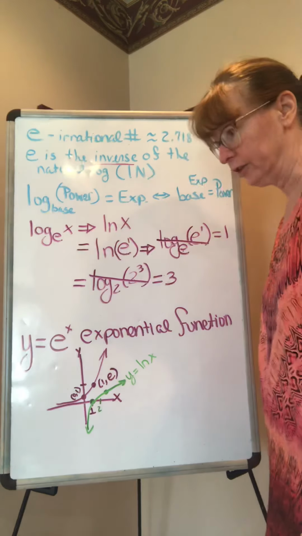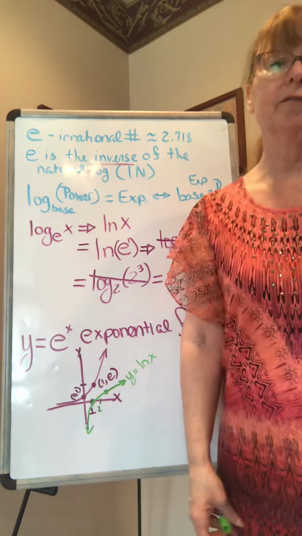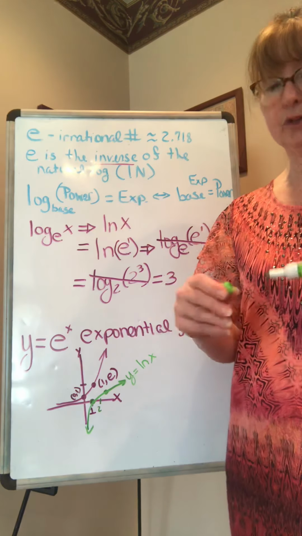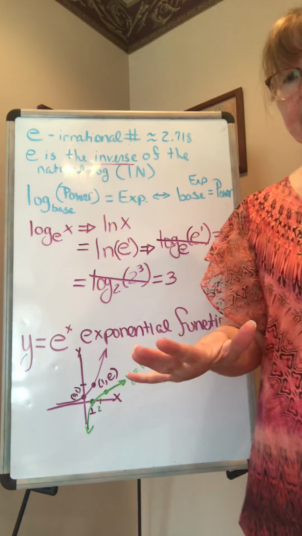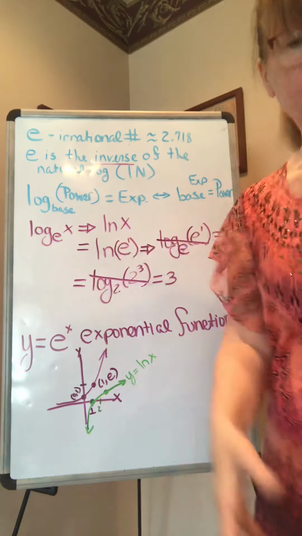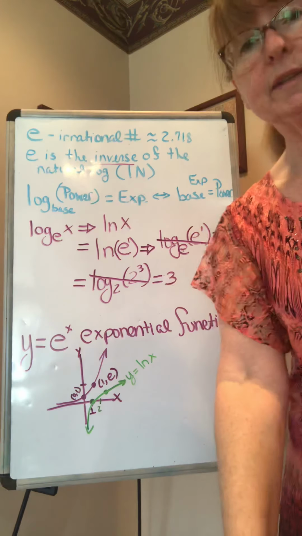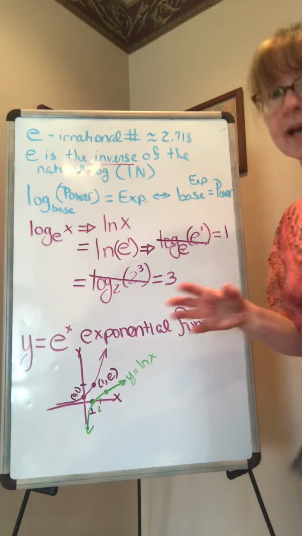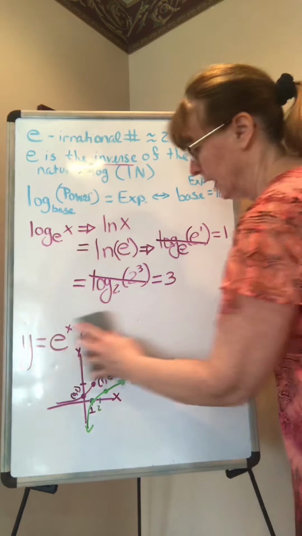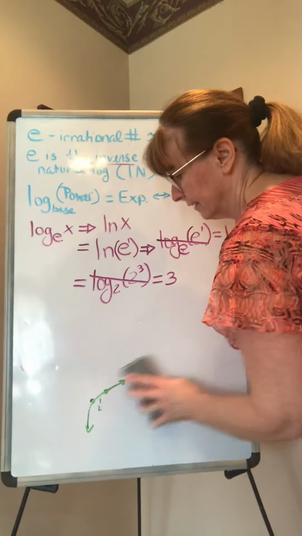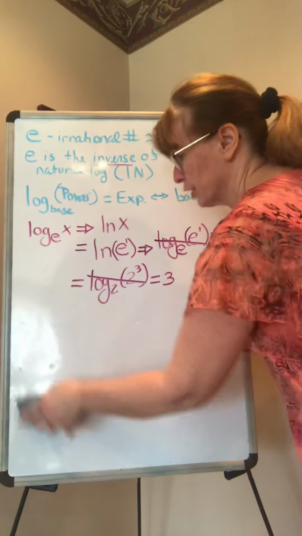They're inverses, the same way we were inverses when we graphed all those other log problems. Now, everything that we had with logs works with natural logs. It's just instead of writing the common log, log, we're going to write ln. So let's take a look at the next thing on this page.